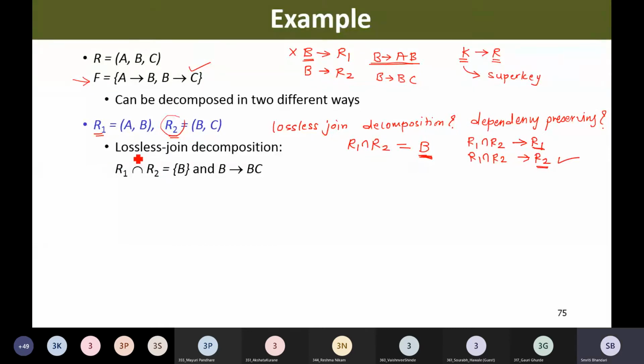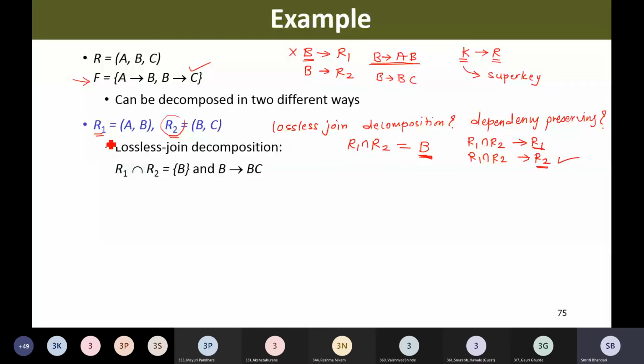So have you understood why we are saying that this decomposition is lossless join decomposition? Yes. Any doubts so far? No, ma'am.